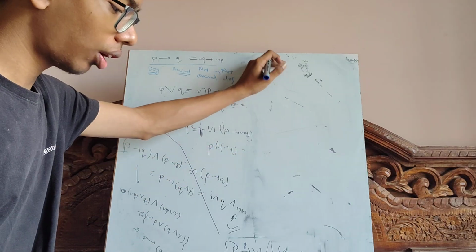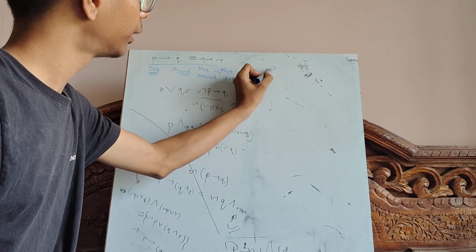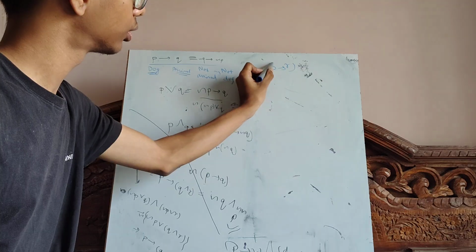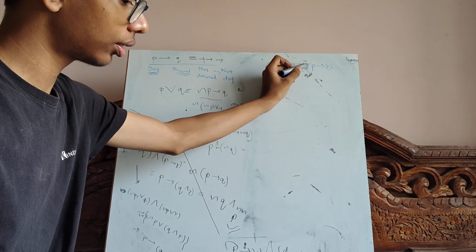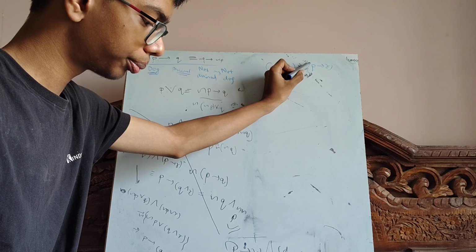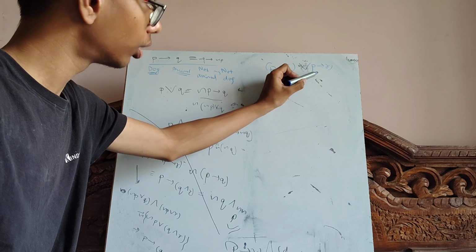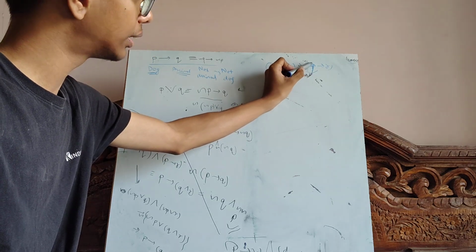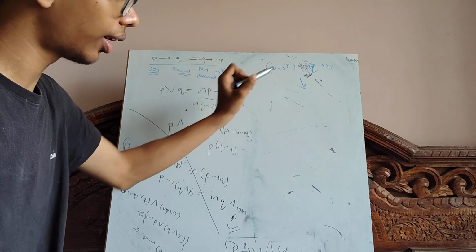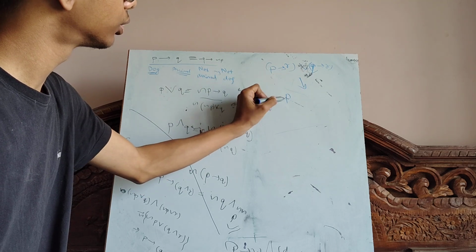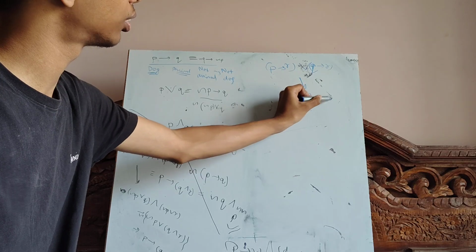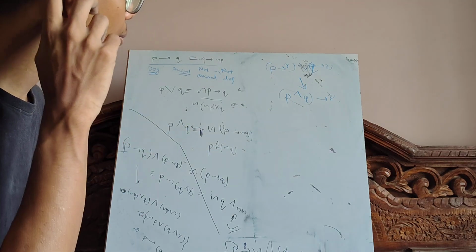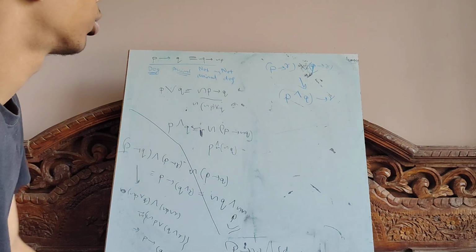Now I have P implies R or Q implies R. Then I will have P and Q implies R. So you have to remember these formulas, right?